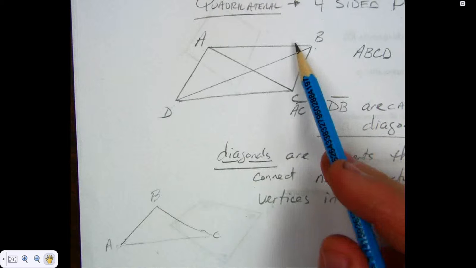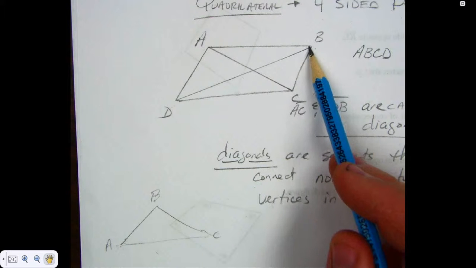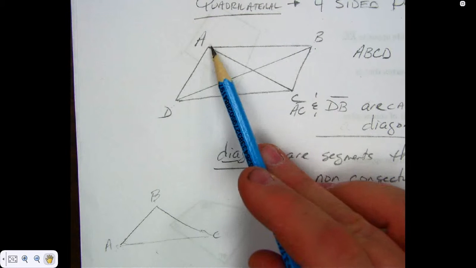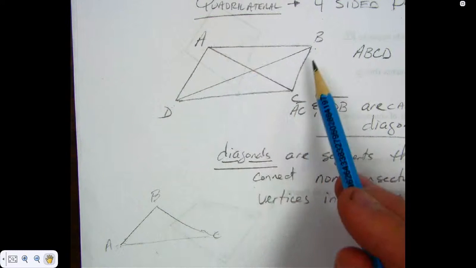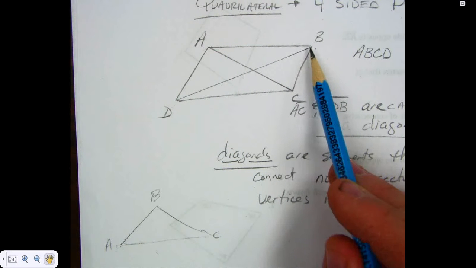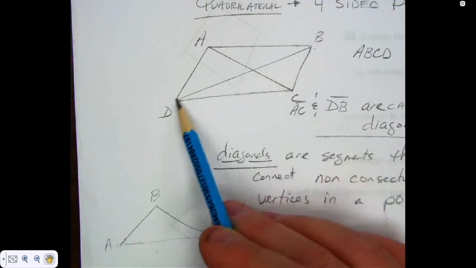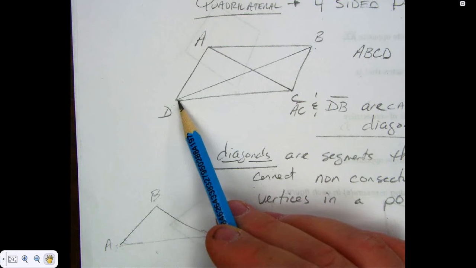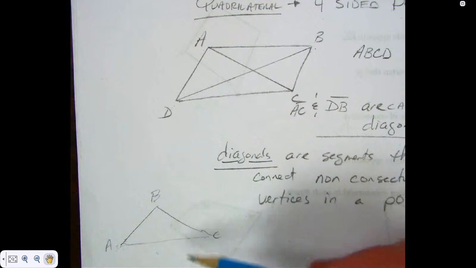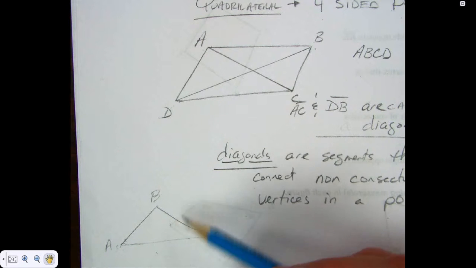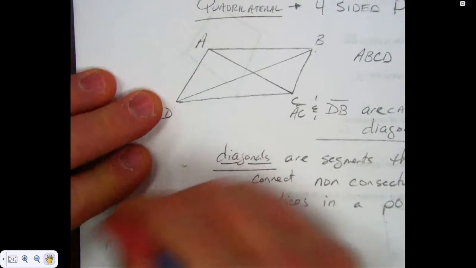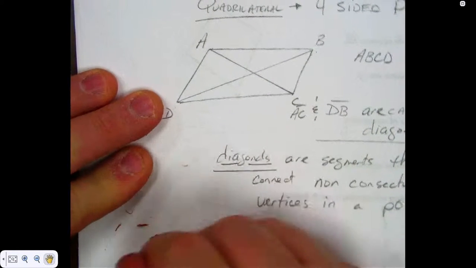However, with a four-sided figure, from B, staying on the quadrilateral, I can get to A, I can get to C, but how would I get directly to D? I have to walk inside and across, correct? And that's a what? Diagonal. There can't be any diagonals in a what? Three-sided figure because they're all connected. Okay? So that's why we didn't define diagonals when we were talking about triangles.